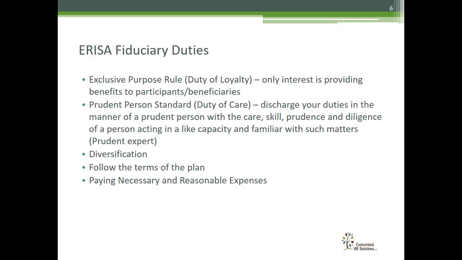ERISA doesn't require any employer to adopt or sponsor a retirement plan or a welfare plan. But if the company does sponsor a plan, then ERISA imposes some obligations. Most of them are procedural. It doesn't really have a lot of substantive requirements.